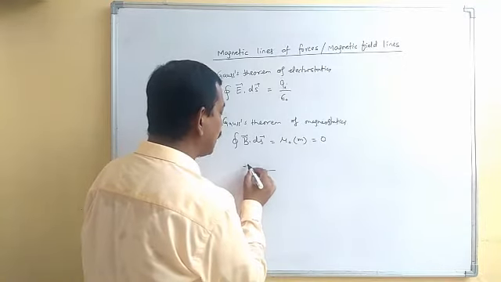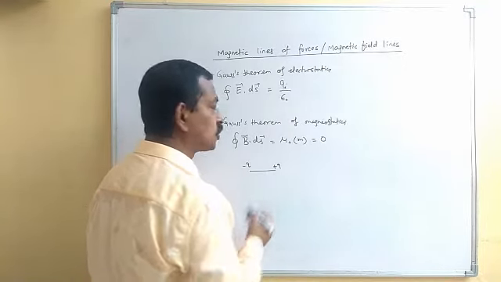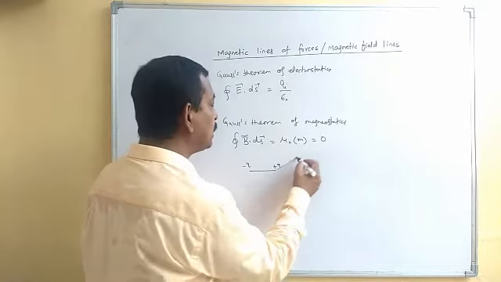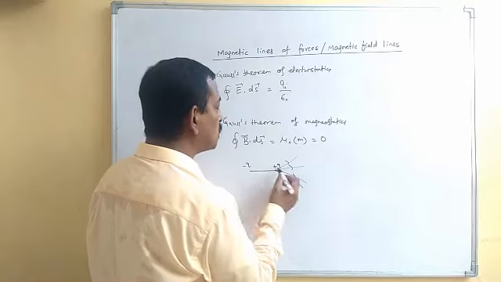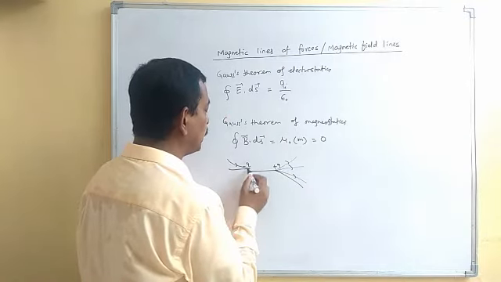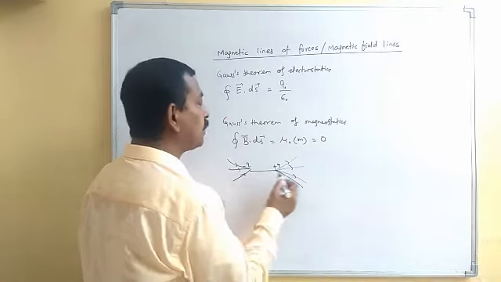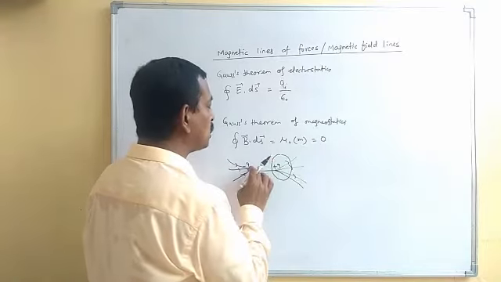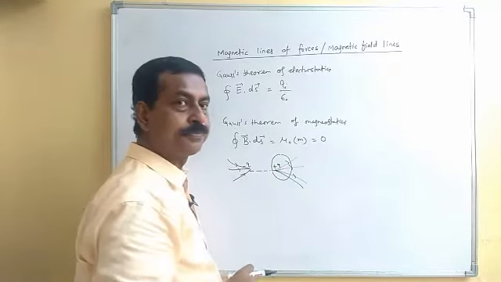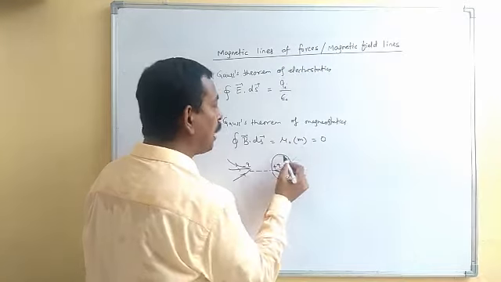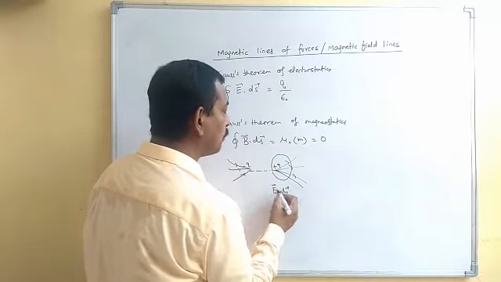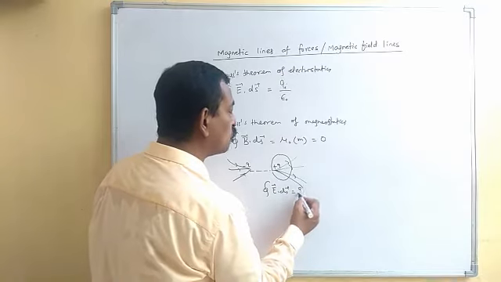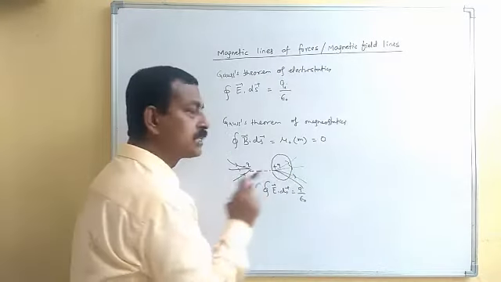You have electric dipole, this is your minus Q, this is plus Q. If you consider the electric lines of forces, then they will be originating from the positive charge and they will terminate on the negative charge. If I take any closed surface here and I want to apply Gauss theorem, then ∮E·dS will be equal to Q by epsilon naught at this place.